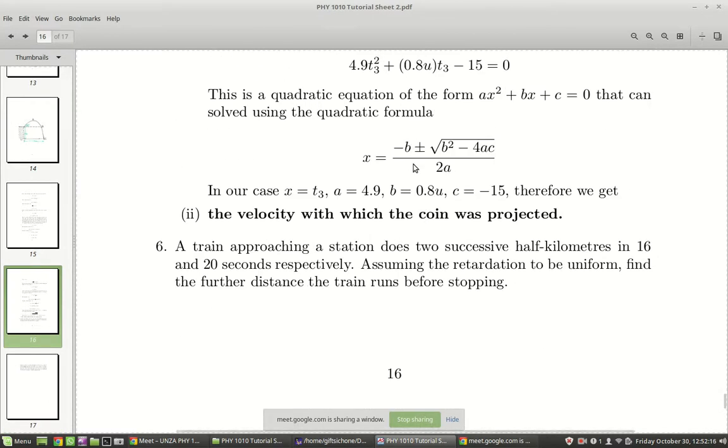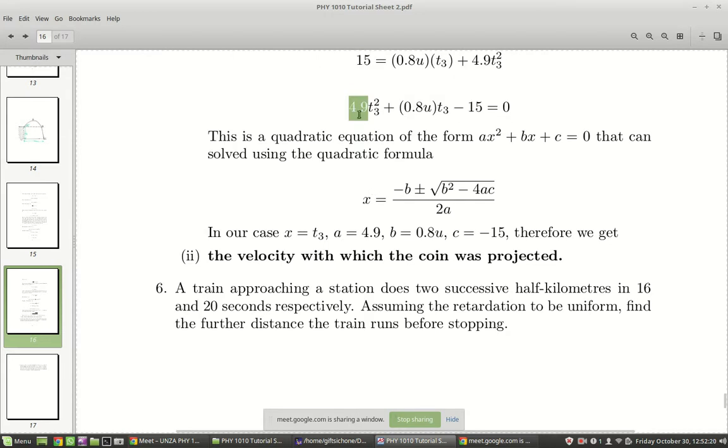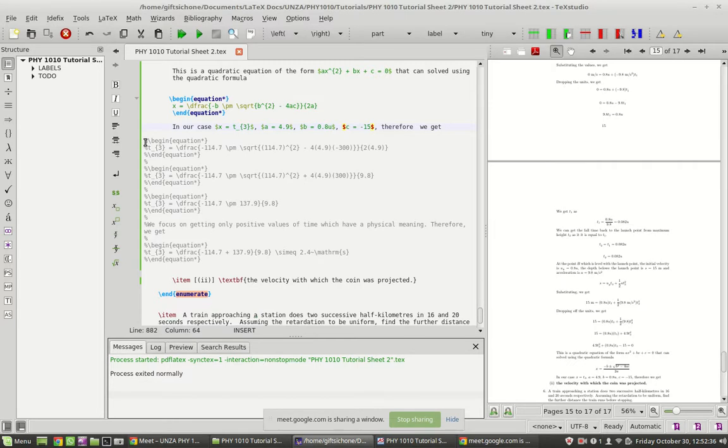So this is your a, this bit is your b, and this is your c. c is minus 15, b is 0.8u, and a is 4.9. Like that.